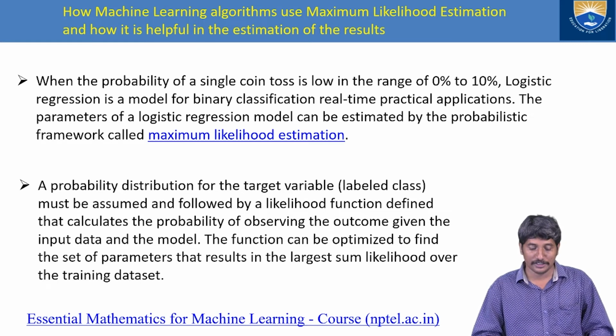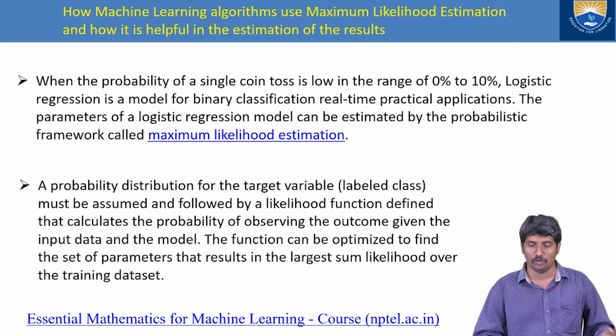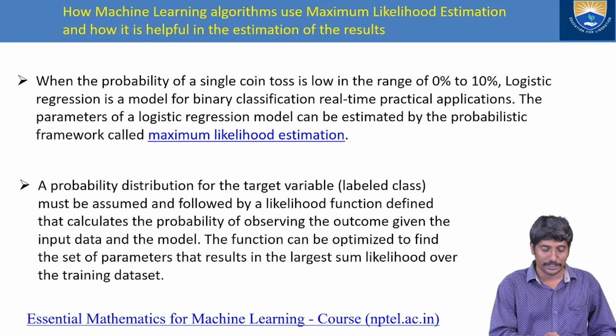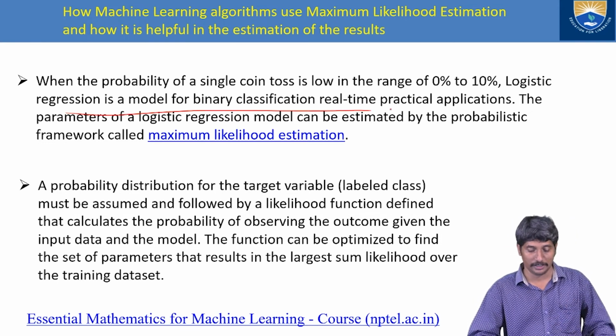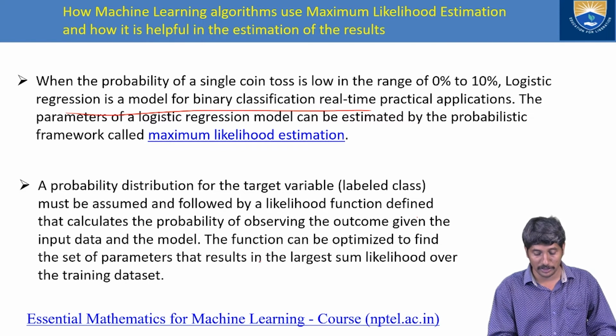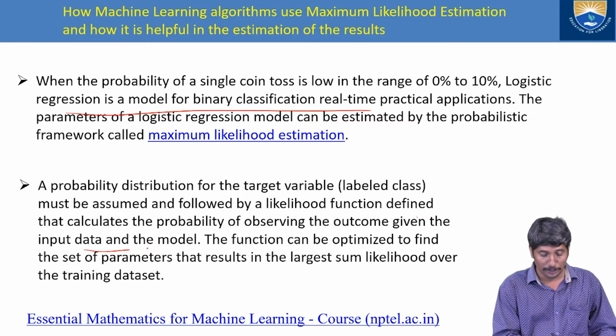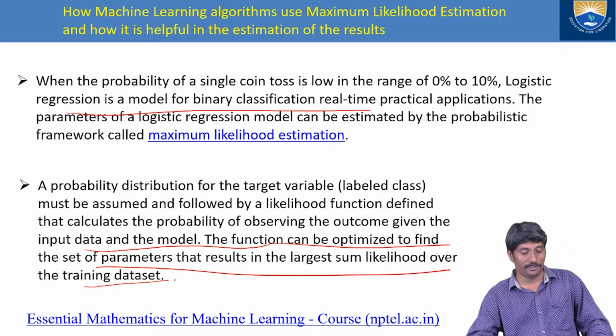For a practical situation like a very low probability of a single coin toss, logistic regression is a model for binary classification in real time. A probability distribution for the target variable must be assumed, followed by a likelihood function that calculates the probability of observing an outcome given the input data and the model. The function can be optimized to find the set of parameters that results in the maximum likelihood over the training data set.